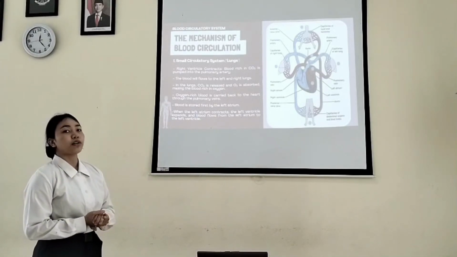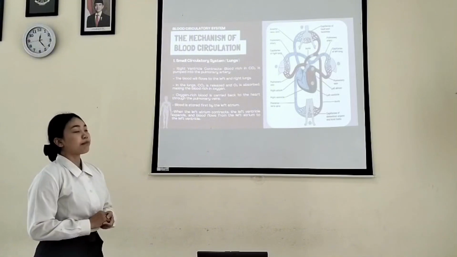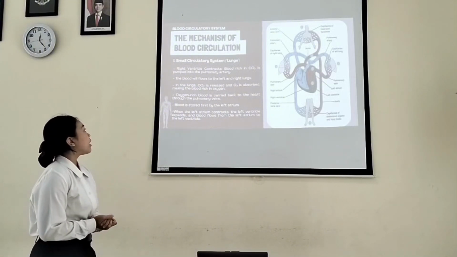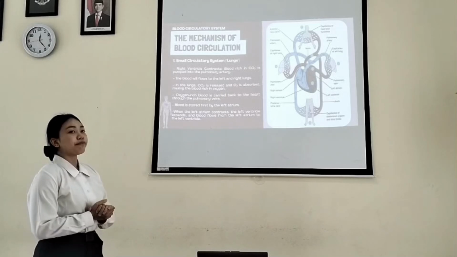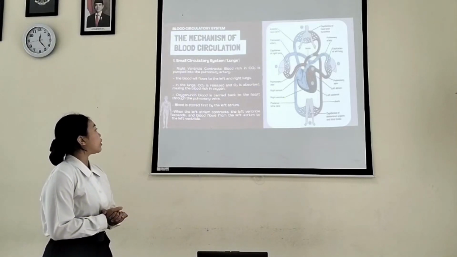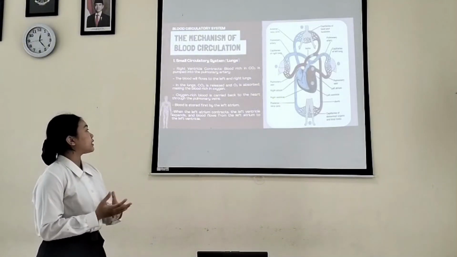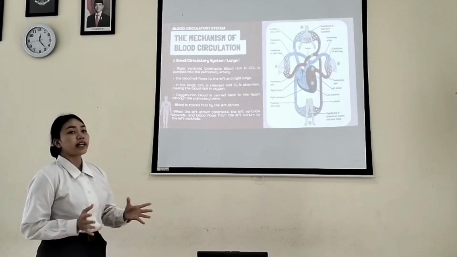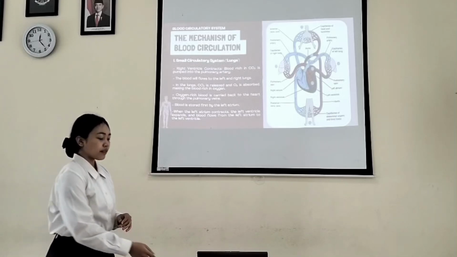In the lungs, carbon dioxide is released and oxygen is absorbed, making the blood rich in oxygen. Oxygen-rich blood is carried back to the heart through the pulmonary veins, and the blood is received first by the left atrium. When the left atrium contracts, the left ventricle expands, and the blood flows from the left atrium to the left ventricle.